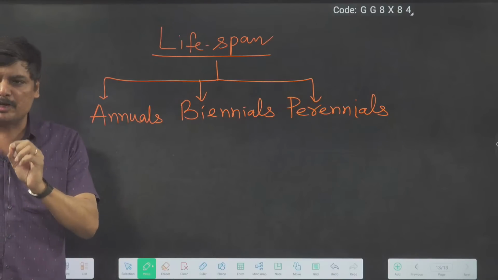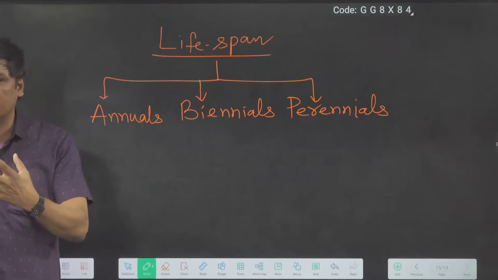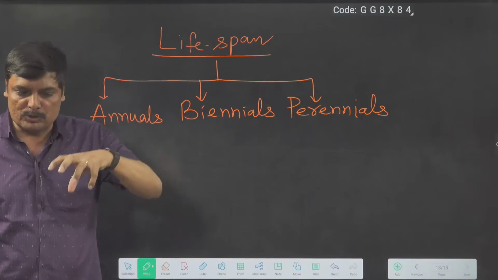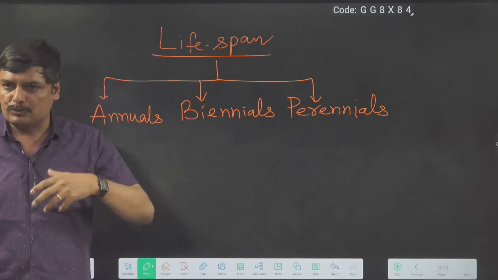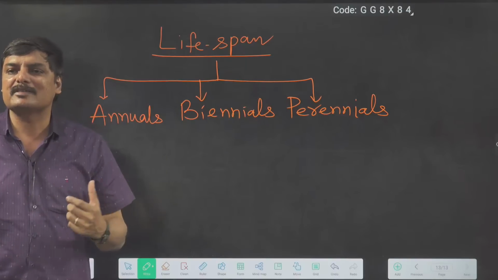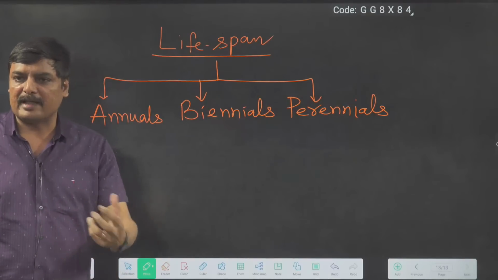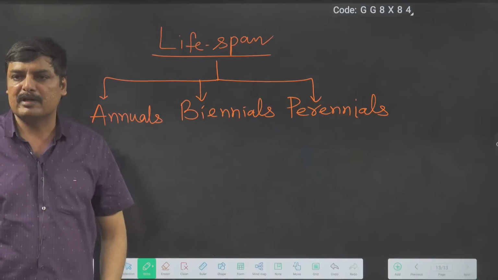Usually these plants during the first year synthesize and store food material, and in the second year the stored food is utilized to produce flowers, fruits, etc. And these plants are called biennials. For example, carrot is a biennial, radish is a biennial.